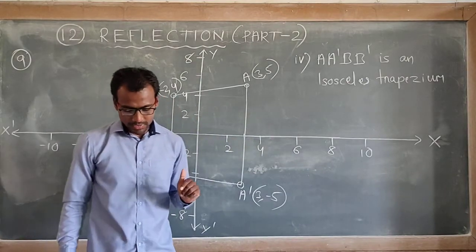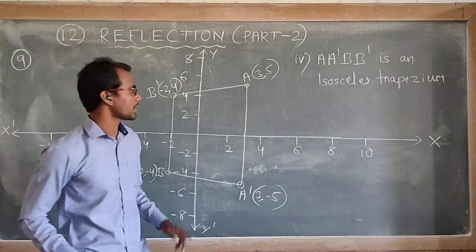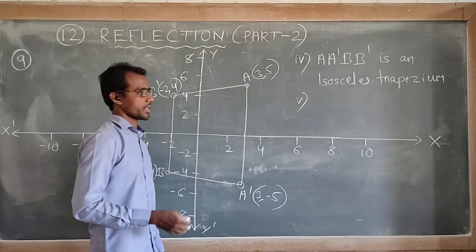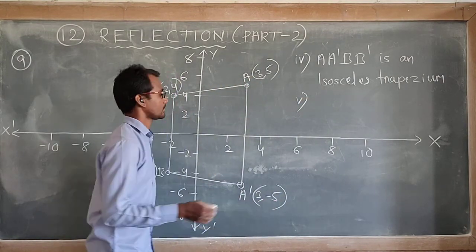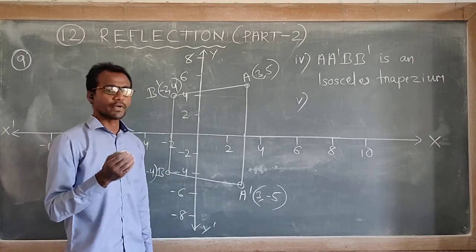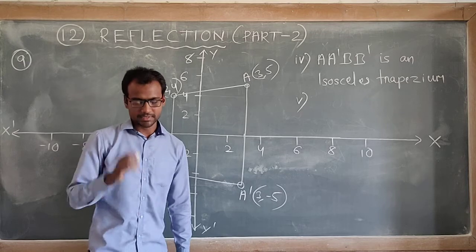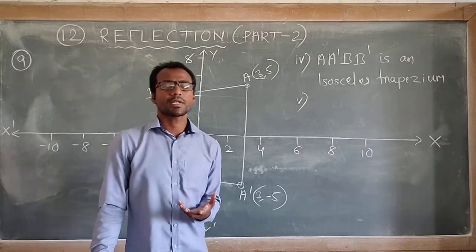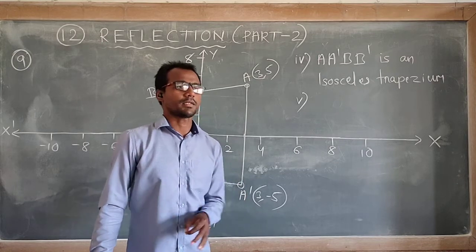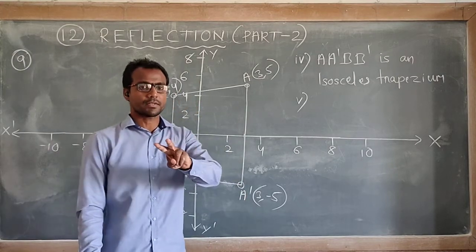Next, fifth bit. Name two invariant points under reflection in the x-axis. Again, write it in a separate sheet of paper. You have to mark 2 points and write down the coordinates which are invariant under reflection in the x-axis. We know by concept that every point on the x-axis is invariant under reflection in the x-axis. So you have to take 2 points on the x-axis only.